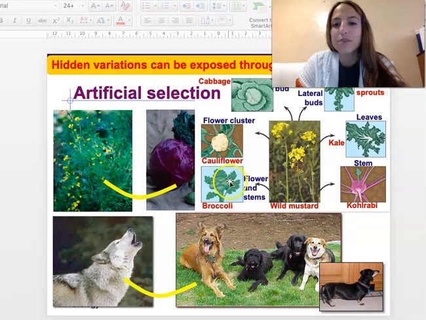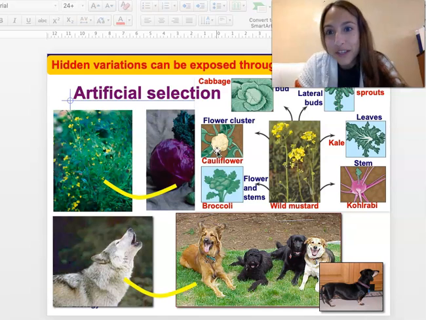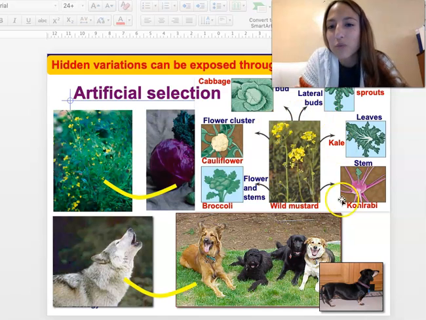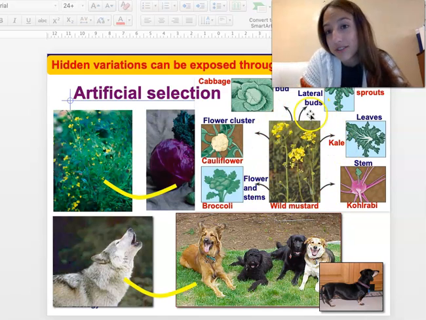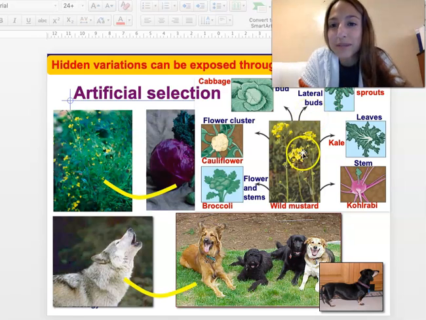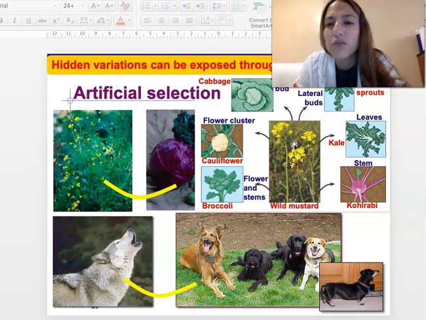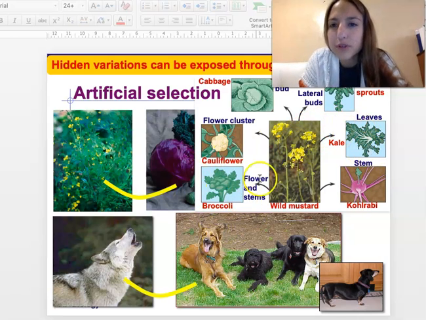In this case, for example, broccoli, cauliflower, cabbage, Brussels sprouts, kale, all of these different vegetables actually came from the one original wild mustard. Okay, so what we did is we simply favored different traits and reproduced these favored traits over and over again so that we could produce new types of organisms that have the traits that we favor.